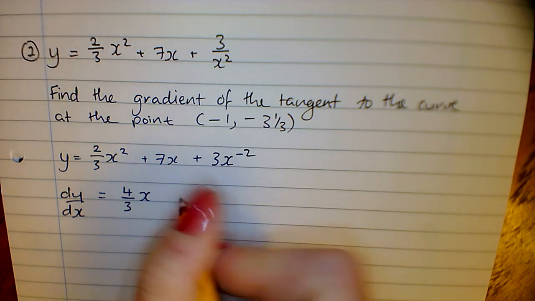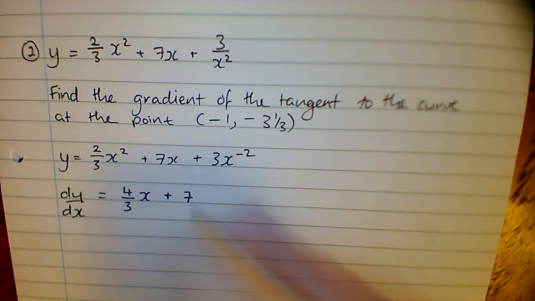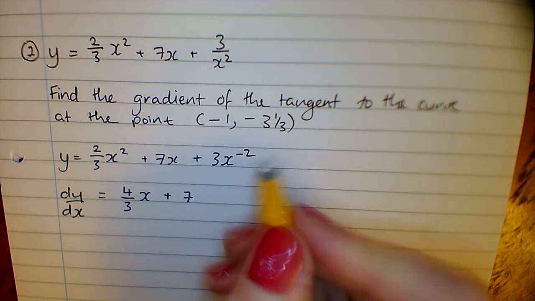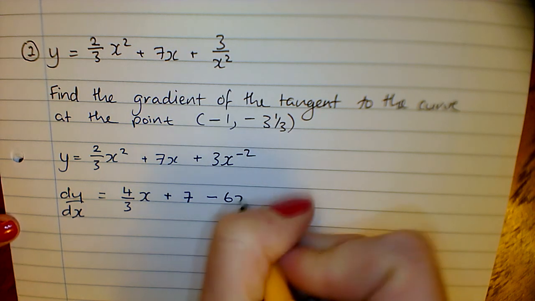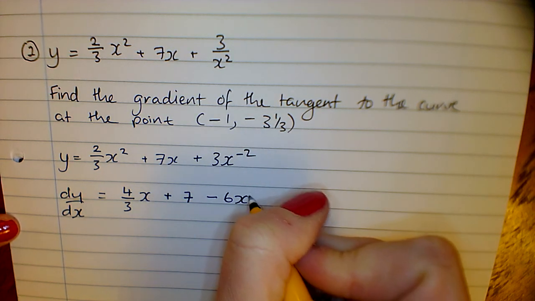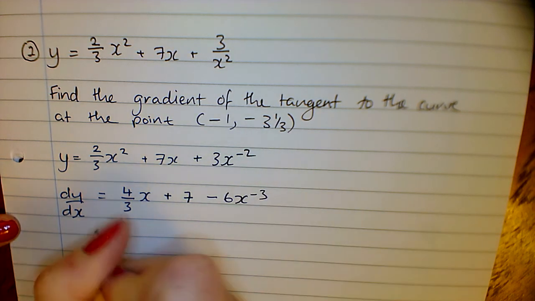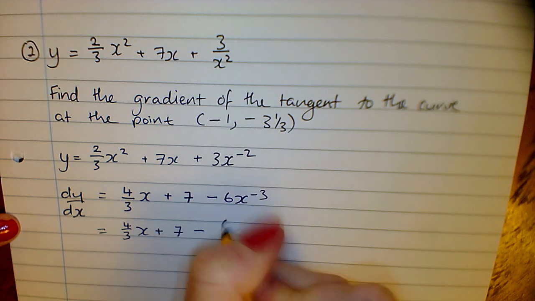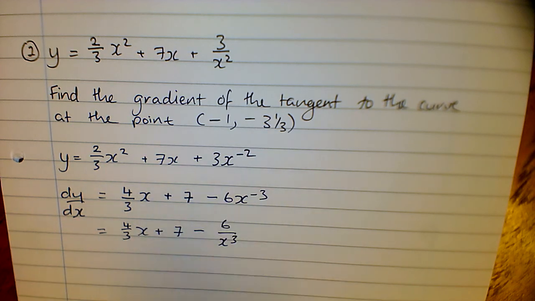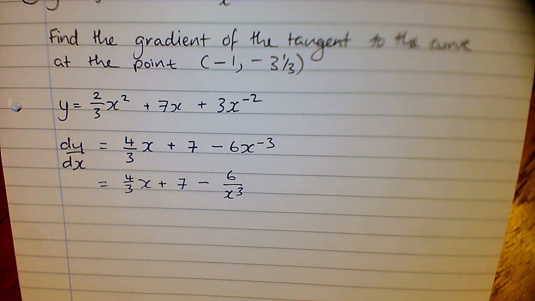Take 1 away from the power, you just get x. 7x becomes 7. Then we'll have 3 times minus 2, so that's minus 6 x to the minus 3. And you can tidy that up and bring the x back down again.